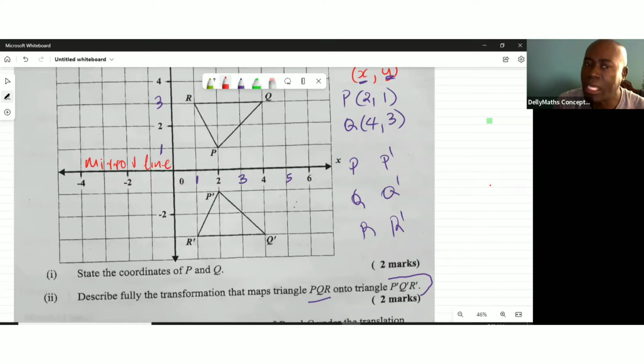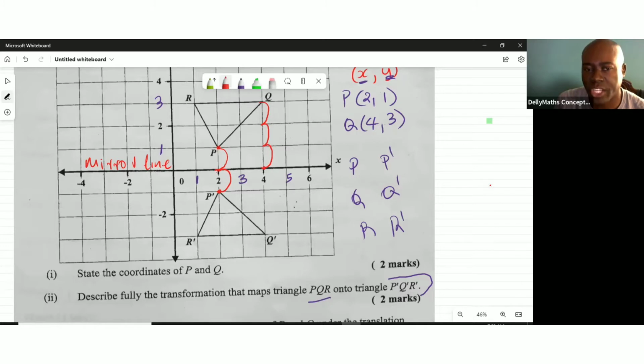You could see here as confirmation that P is 1 unit above the x-axis. So the corresponding point, which is P prime, fell 1 unit below the axis. Let's check Q. Q is 1, 2, 3 units above the x-axis.